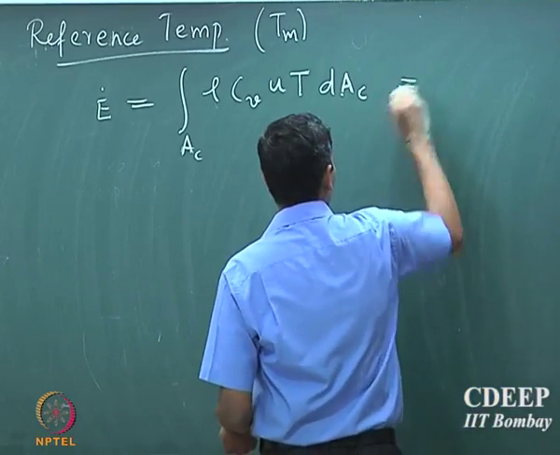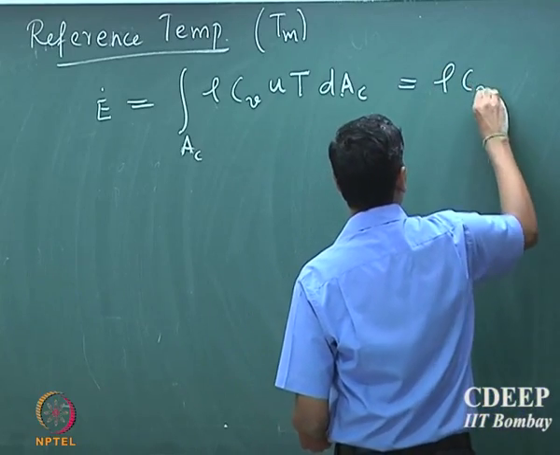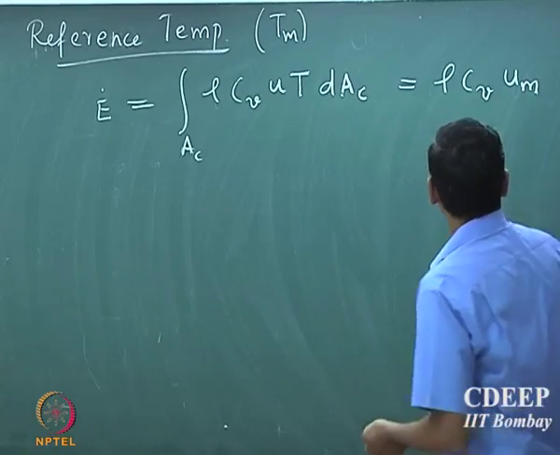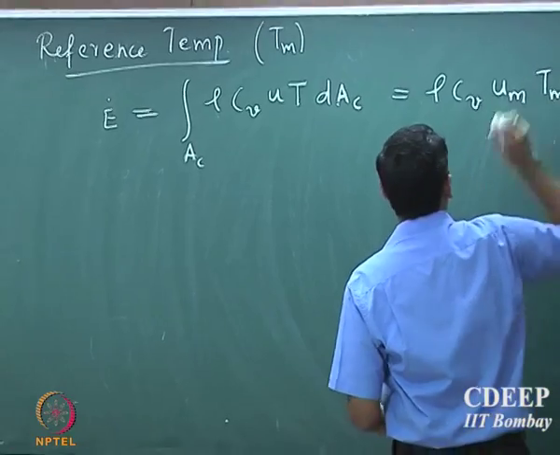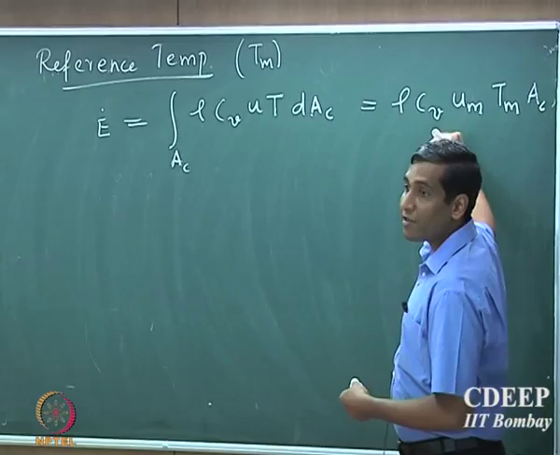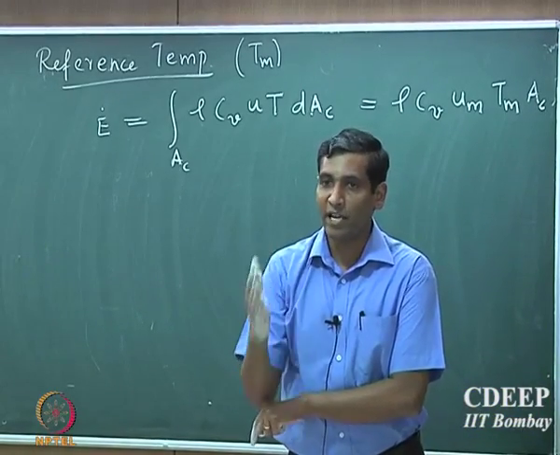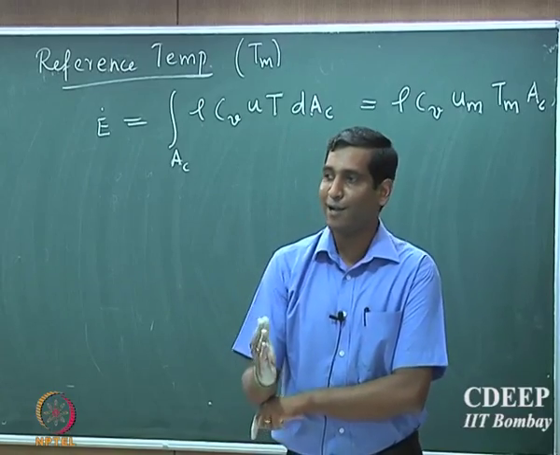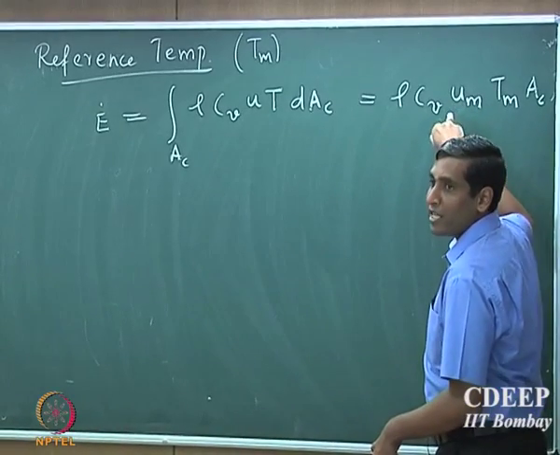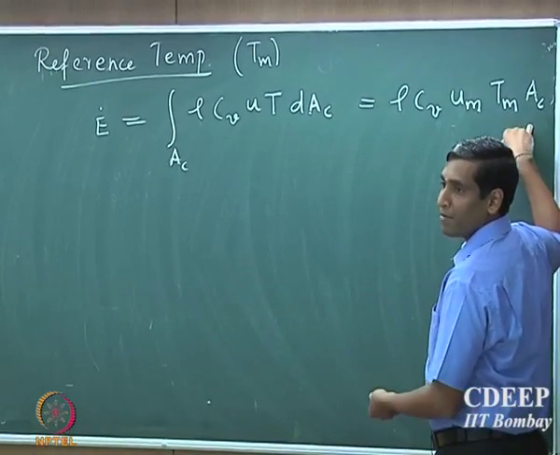Now we can define this as rho Cv multiplied by the mixing cup velocity, multiplied by the average temperature, into the cross-sectional area. Note that it's a definition. We define the average amount of heat stored in the fluid at any cross section as the capacity multiplied by the mixing cup velocity, the mixing cup temperature, and the cross-sectional area.